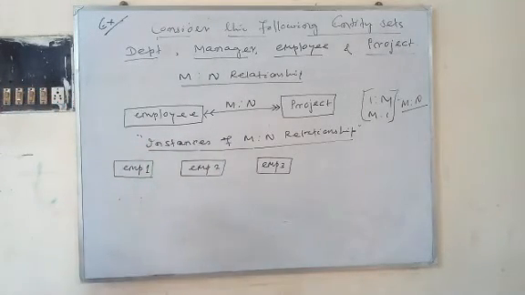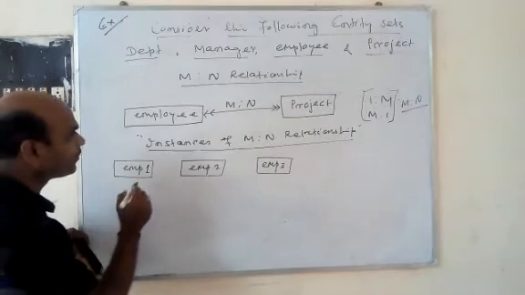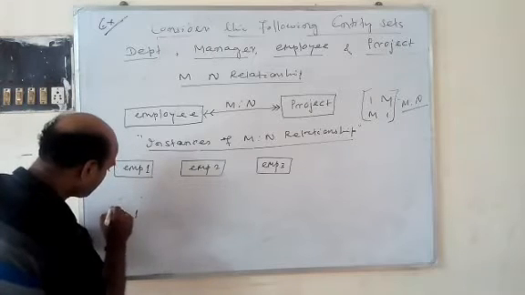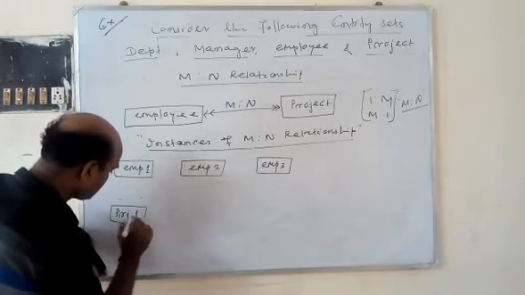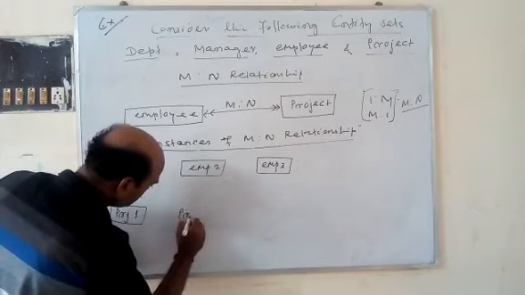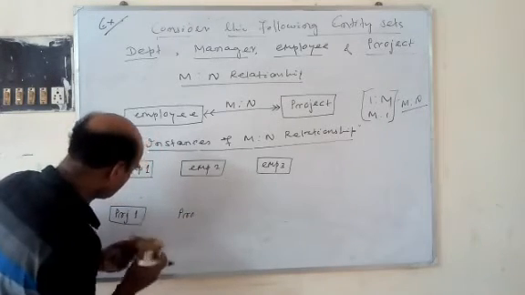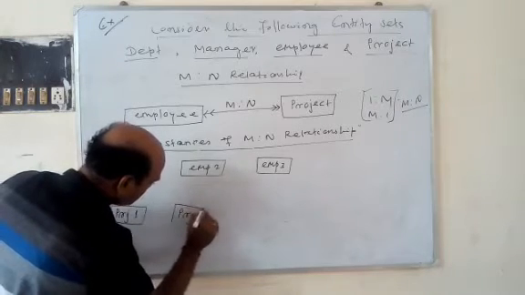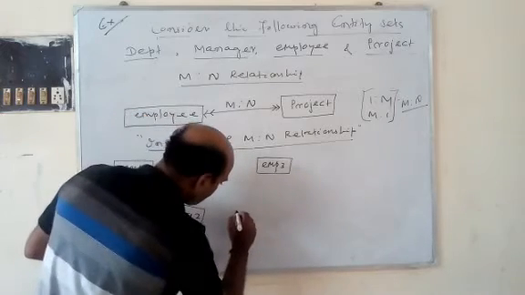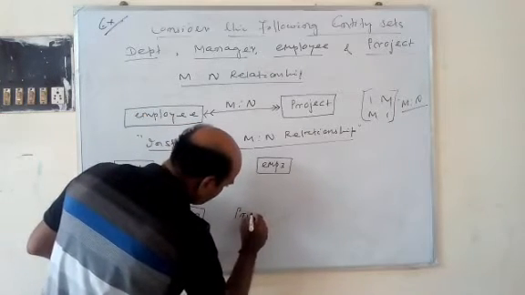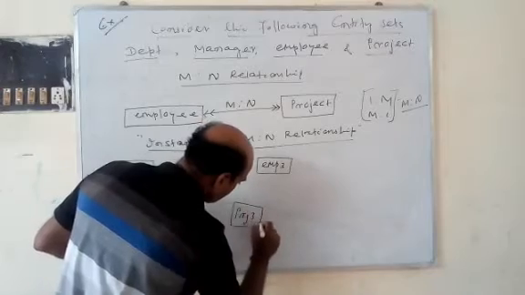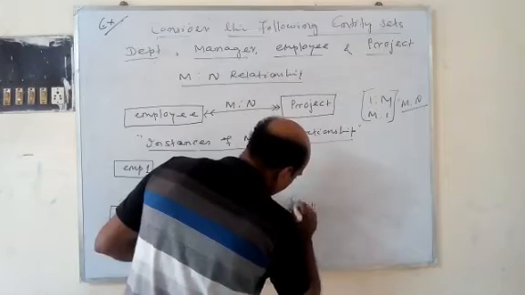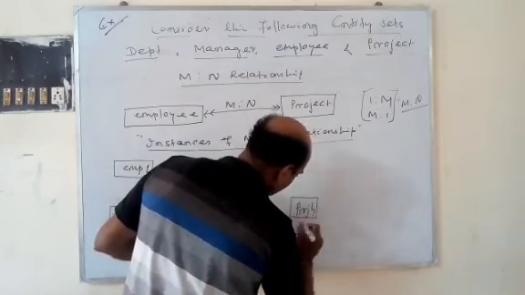And projects, suppose there are 4 projects for this example. I am writing here project 1 (PRJ1), project 2 (PRJ2), project 3 (PRJ3), project 4 suppose.